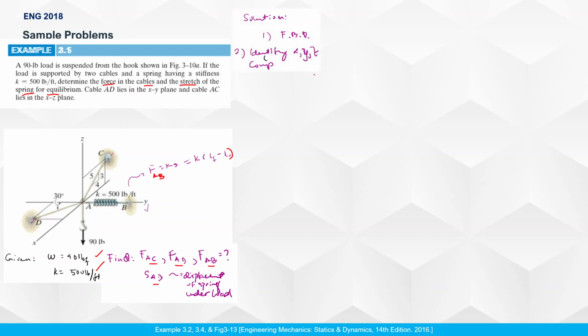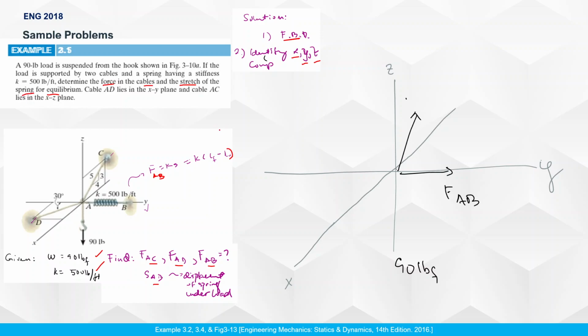Okay, first things first is of course we draw our FBD. And of course, identify our X, Y, Z component. Never forget that. So how do we do that? So we do it step by step basically. So for you to understand this, you draw your diagram muna, your free body diagram. So here's your XYZ plane. Next up, you reflect the forces involved. You see? So there's a force AB, force AC, and force AD. Of course, the 90-pound force. And their projection relative to the axis.